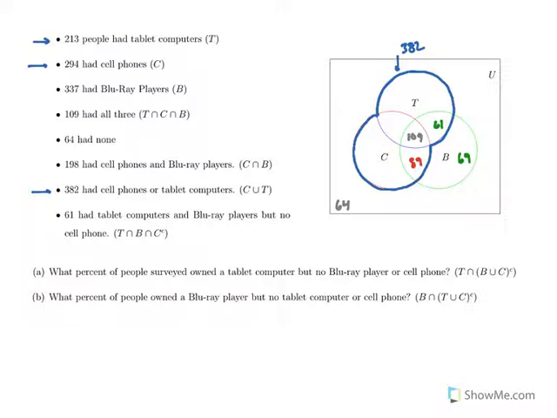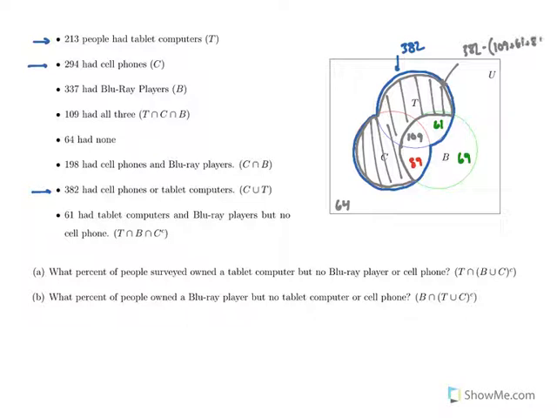So this blob, we'll shade this one, has 382 minus all those other numbers, 109 plus 61 plus 89, which would give us 123.